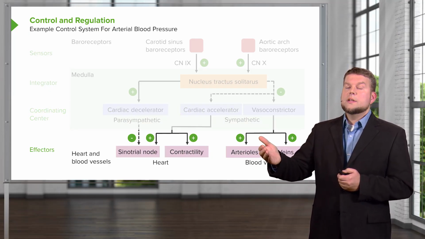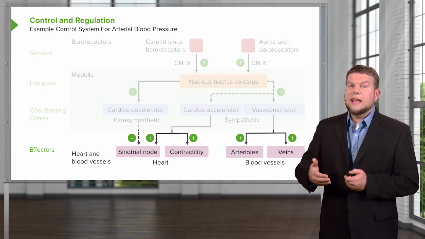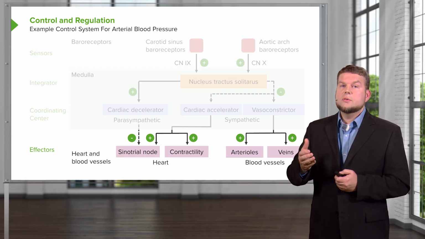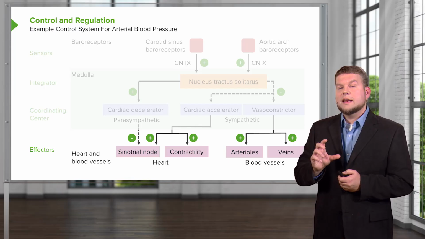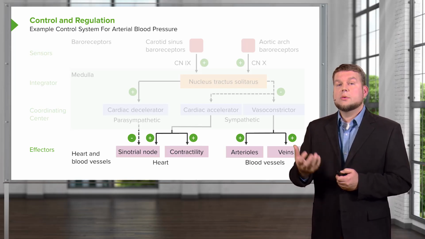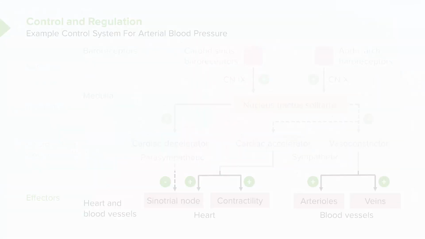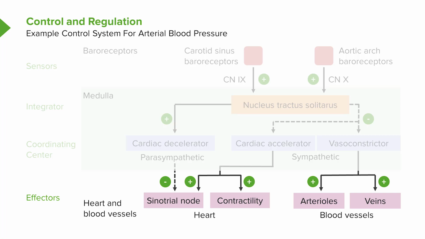You're also going to be giving a positive signal to the portions of the heart that have to do with heart rate, and that increases your heart rate. You're going to increase your contractility. You're going to increase the signal sent to your arterioles, which are part of your blood vessels that cause vasoconstriction. You're going to increase the signal to the portions of the veins that can also venoconstrict.